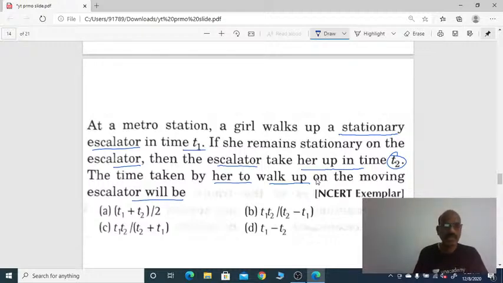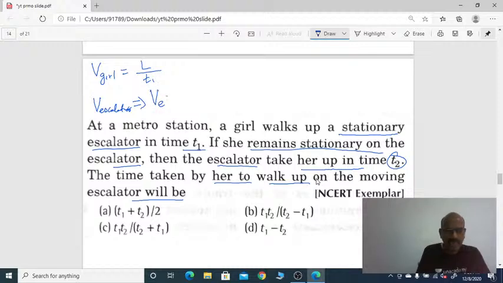Keep in mind, the girl walks up on a stationary escalator, so the velocity of the girl equals distance L by time t1. If she remains stationary, the escalator takes her up in time t2, so the velocity of the escalator, VE, equals L by t2.